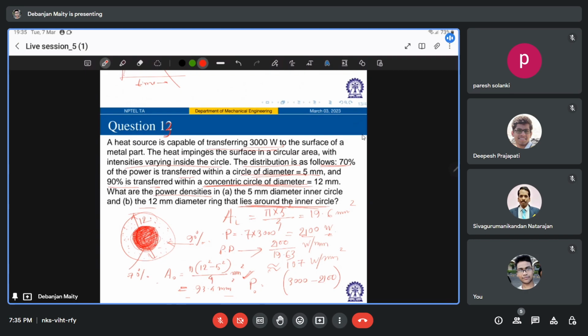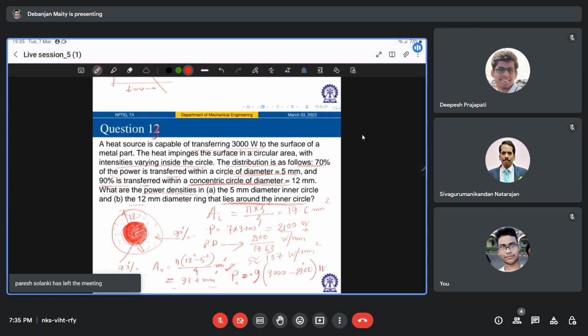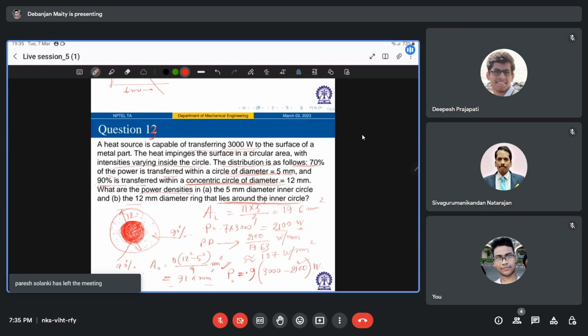And then you have your efficiency of 90%, which is getting transferred into this region. Have you got this? So you have already used 2100 watt in your inner circle to heat it up.